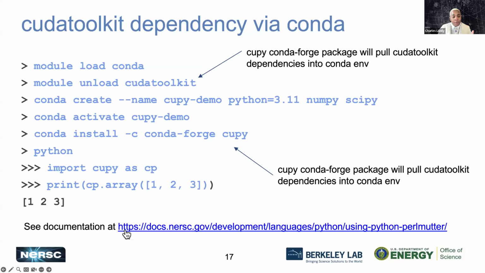And again, all of these are laid out specifically with more detailed examples in our documentation at this link below as well. So it's good to test and try out some different environments and make sure you understand how to create them, how to remove and clean up, and become comfortable with managing your environments as well as your data on Perlmutter.